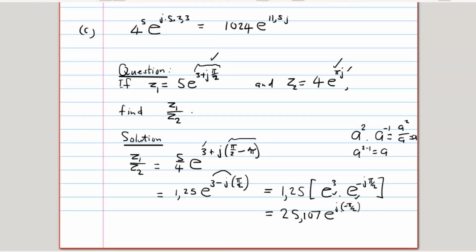That's it basically. But that angle minus pi over 2, if you add 2 pi to it, you get 3 pi over 2, which is exactly the same, because you'll end up in the same place.